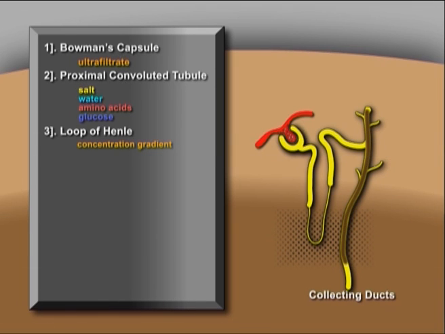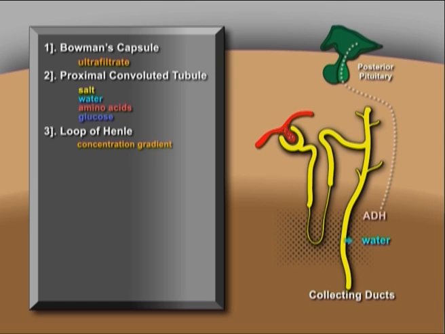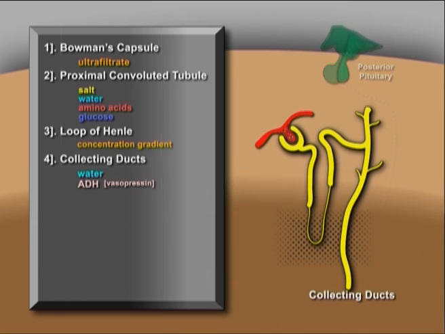The collecting ducts pass through these zones of high salt concentration, which, given their very osmotic nature, facilitate the fine-tuning of water reabsorption. However, this reabsorption process does require the presence of the posterior pituitary hormone ADH, otherwise known as vasopressin. The collecting ducts are also responsible for controlling both potassium and acid-base balance.